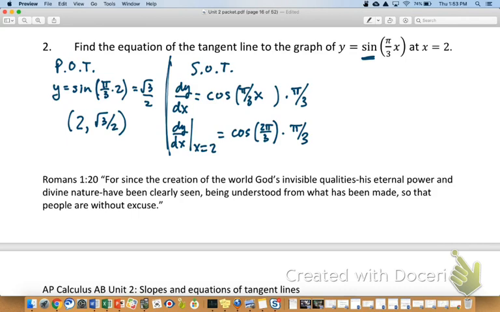And then we multiply times that pi over 3. I'm getting negative pi over 6 for my tangent line slope. Is that making sense? So my final answer for my equation of the tangent line would be y minus root 3 over 2 equals negative pi over 6 times x minus 2.